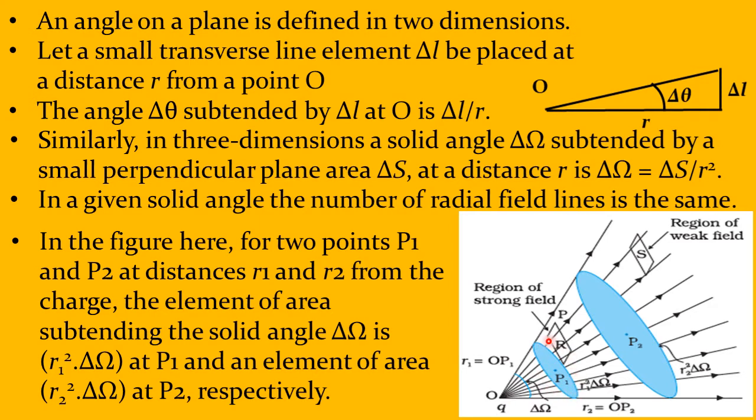Area at P1 is R1 square into delta omega. And what is the area at P2? Area at P2 is R2 square into delta omega.